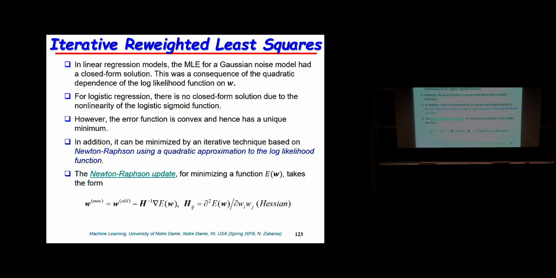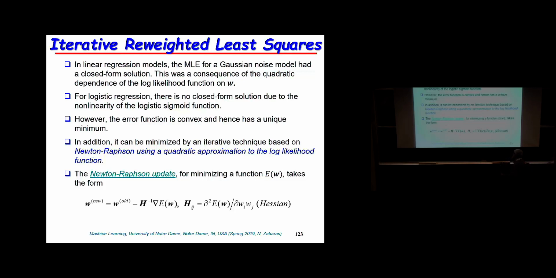So when you write the loss function for linear regression, the loss function is what type of a function? What function is it in W? I heard it. So in the mean square error, what function is it in terms of W? Quadratic.